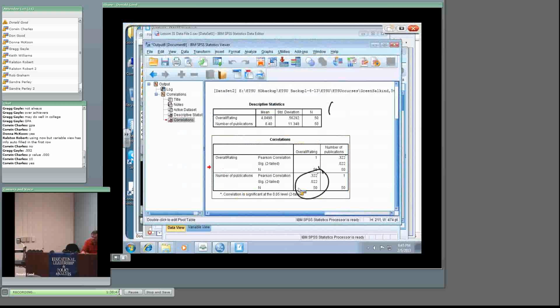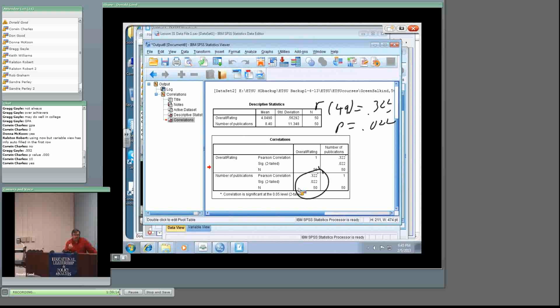R for 49 degrees of freedom is equal to 0.322, and the p-value is 0.022. You know what? The better teachers tend to have more publications. It doesn't mean that publishing makes one a better teacher. It doesn't mean that being a better teacher results in necessarily more publications, but they go together.